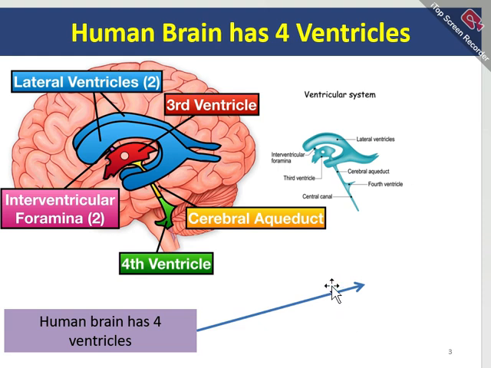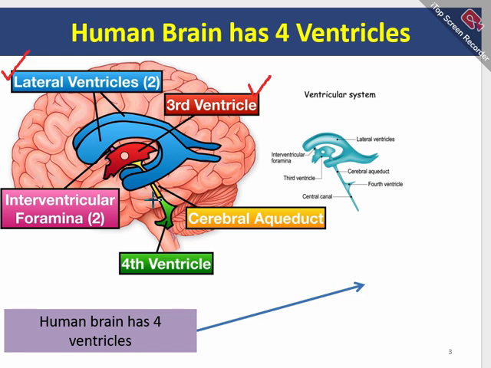So if we see here, the human brain has four ventricles. Four ventricles are shown here, and there are two lateral ventricles, which are shown here with the help of this line, and then there is the third ventricle, which is connected with the lateral ventricles with the help of the interventricular foramen.